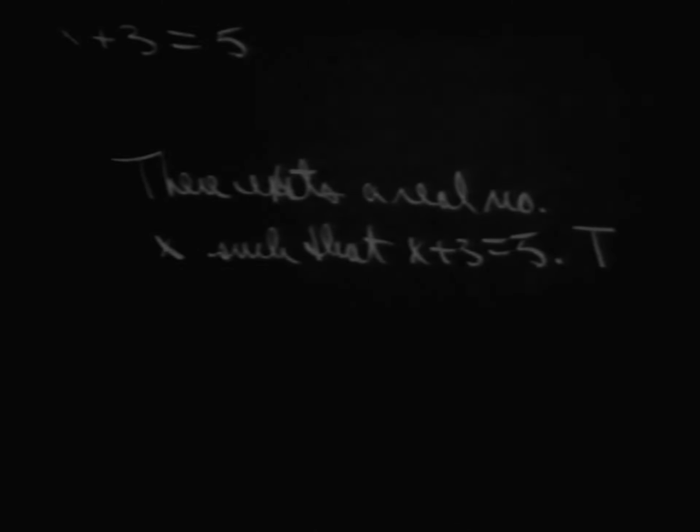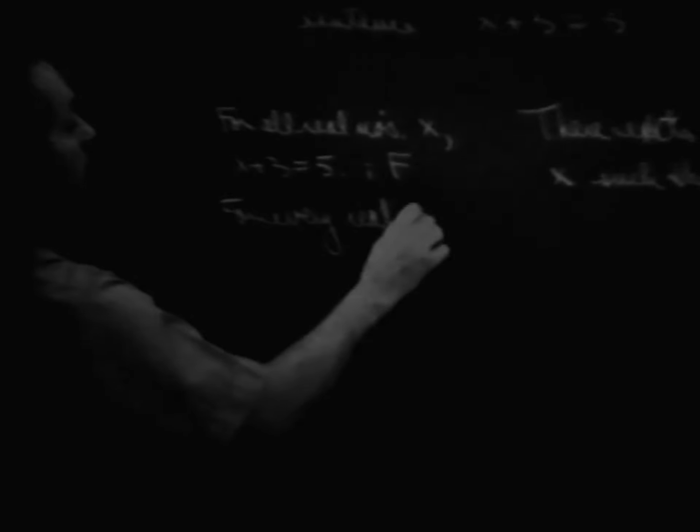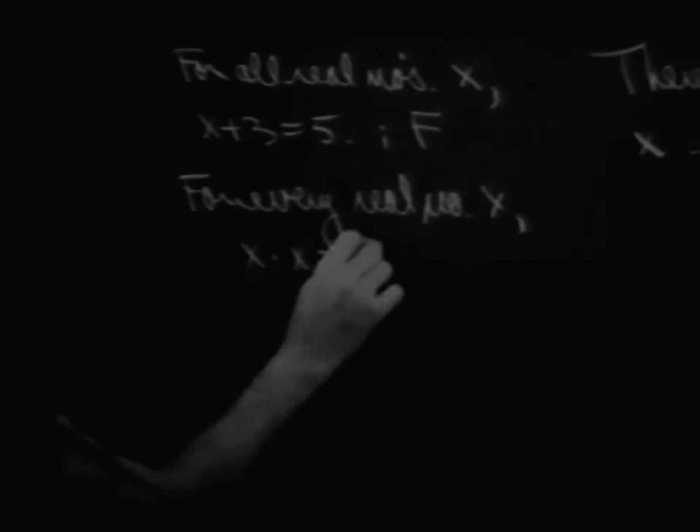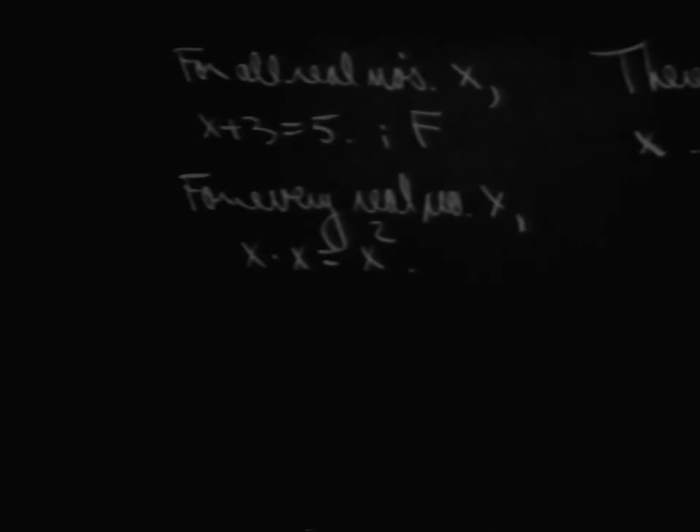Let me write another example. How about something like this? For every real number x, all right, x times x is equal to x squared. All right, what can we decide about that? Todd? False. It's false. All right, for every real number x, x times x is x squared.